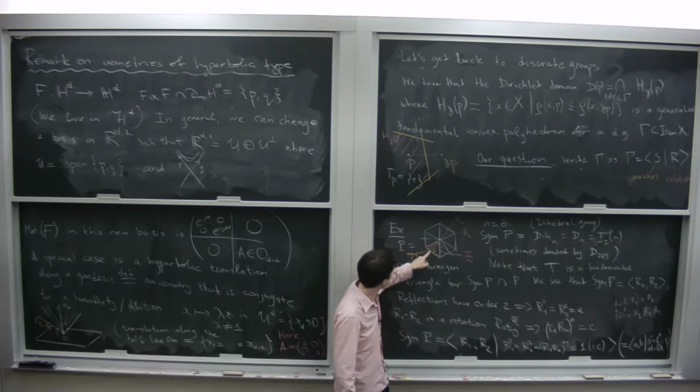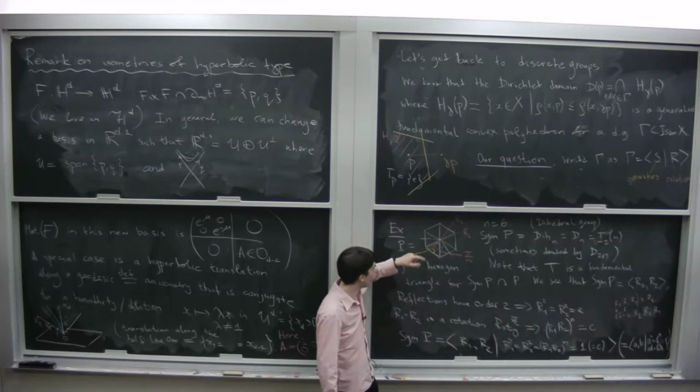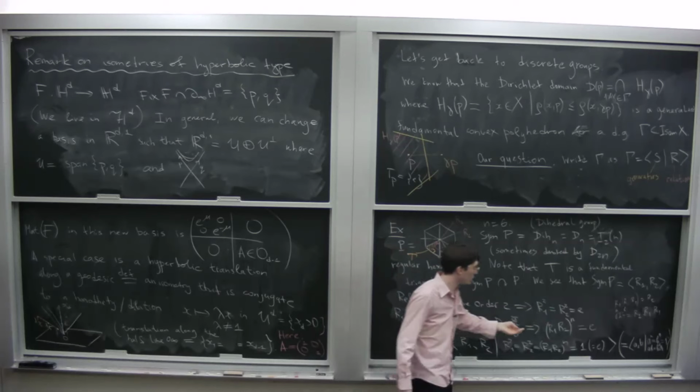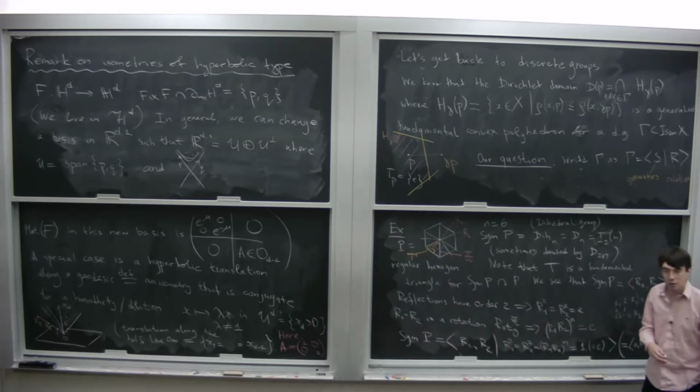So here, these isometries are precisely the reflections R1 and R2. The Poincaré method basically allows me to get this presentation that I wrote here, in some sense, from geometry.